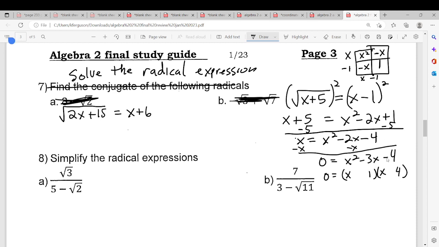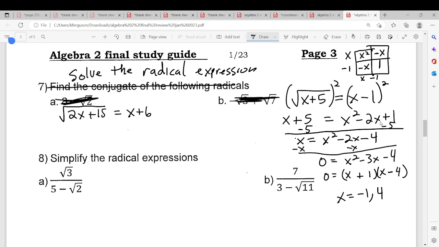Because this sign is a negative sign or a minus sign, my signs are different. So the middle term has the sign of the biggest number. Which number is the biggest? So then that's a minus 4 and a plus 1. So my final answer is x equals negative 1 and x equals positive 4.